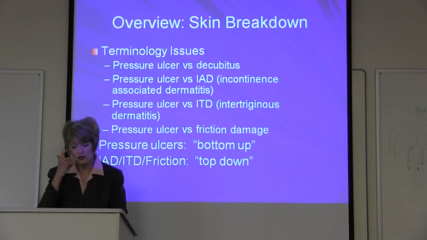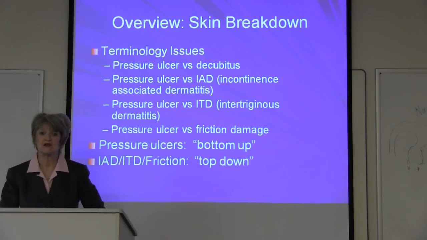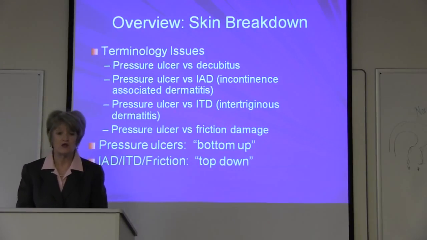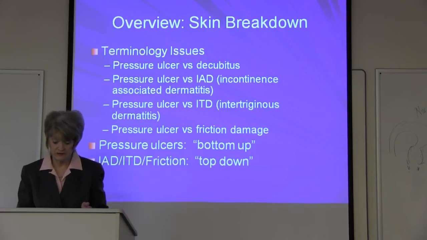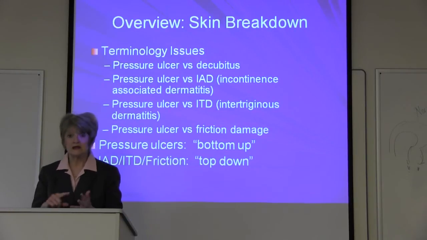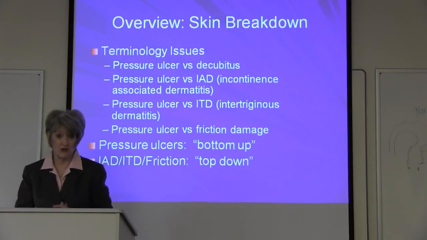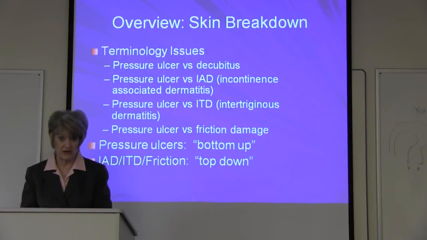But also look at the 3 factors that are listed on your handout as to why it's very important to make sure that you are not calling a friction injury a pressure ulcer, that you're not labeling intertriginous dermatitis a pressure ulcer, okay? In addition to the fact that it leads you down the wrong pathway in terms of prevention and management, think about the impact in terms of regulatory issues and litigation.